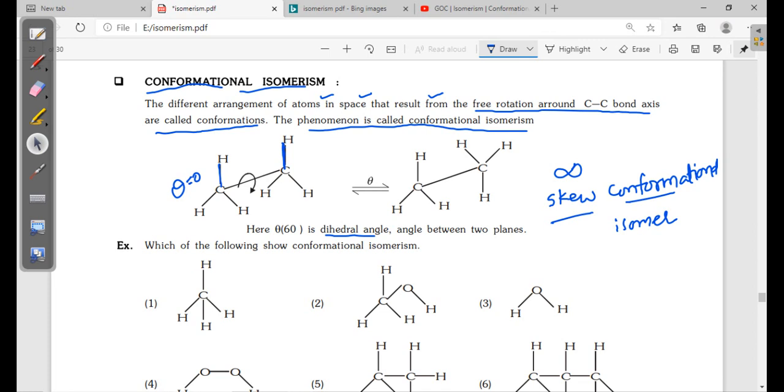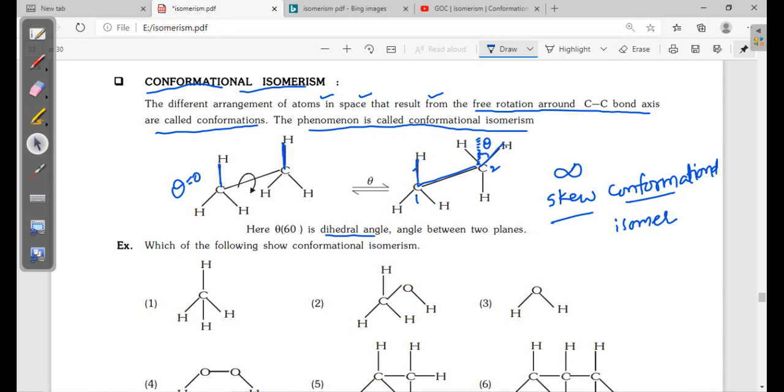But here you can see this one and this one, so if you take it like this, hydrogen here, this is the theta. That means the first carbon's hydrogen and the backside carbon's hydrogen, the angle between these two hydrogens is called the dihedral angle.